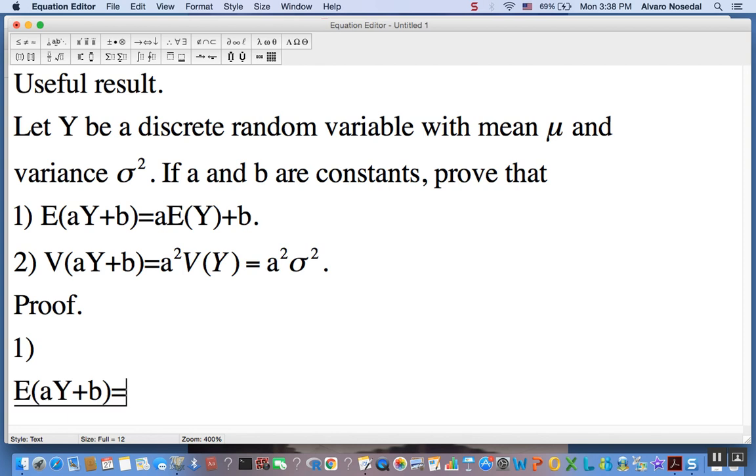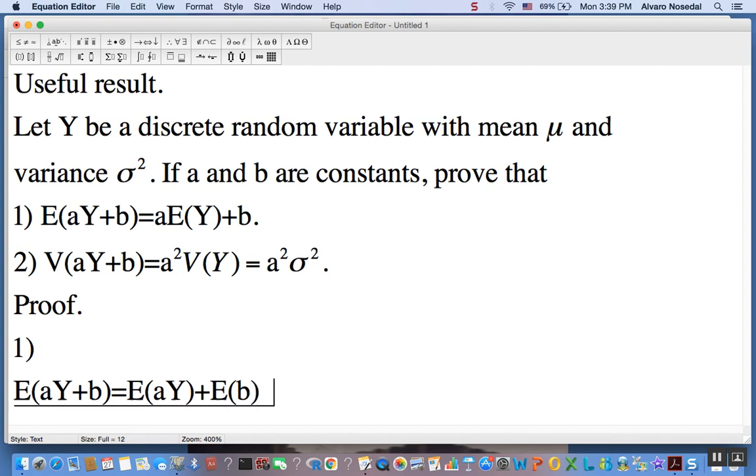So first, note that this is the expected value of a sum, and as we said in another video, the expected value of a sum equals the sum of expected values, right?